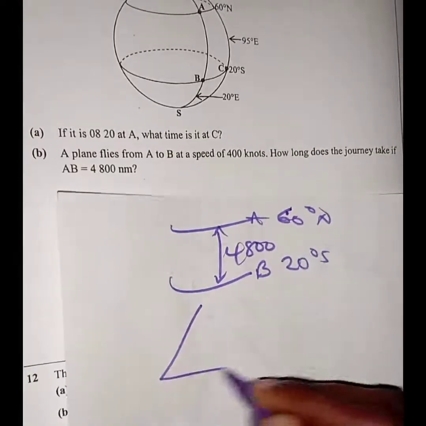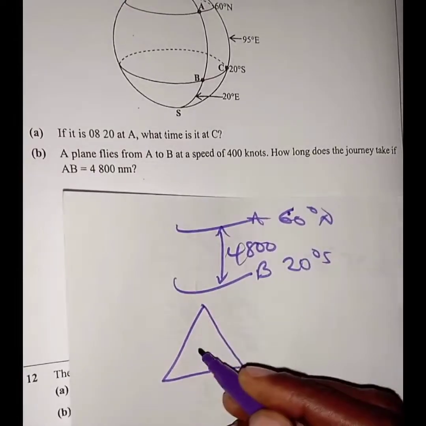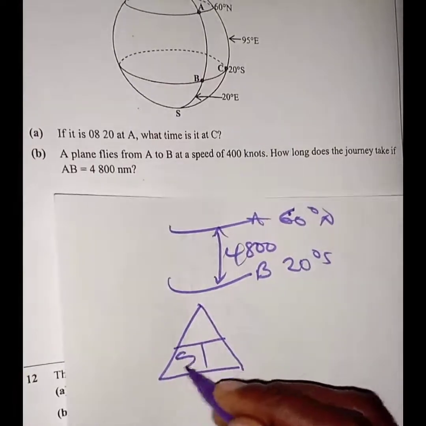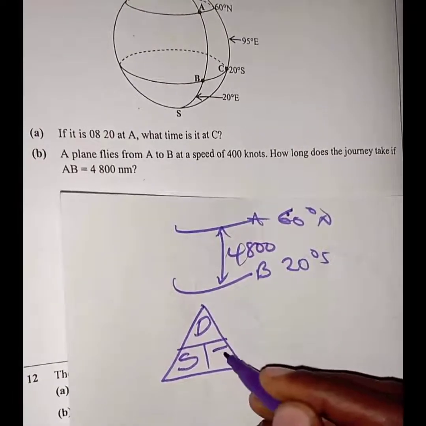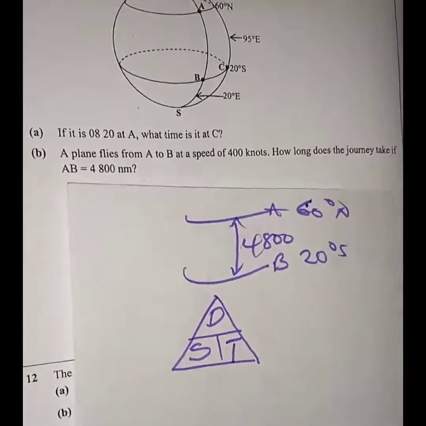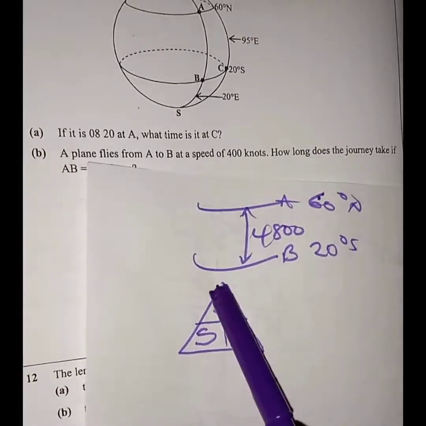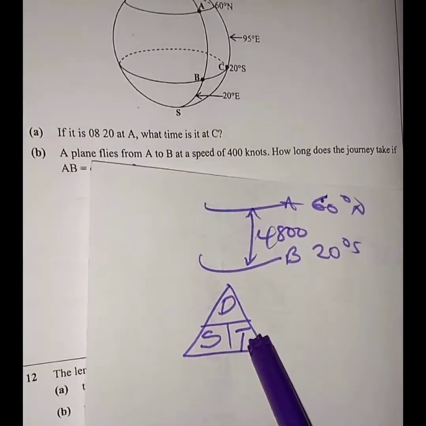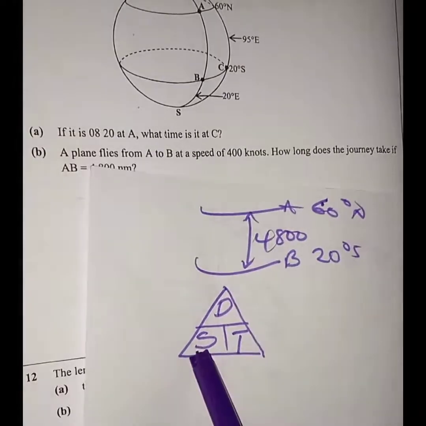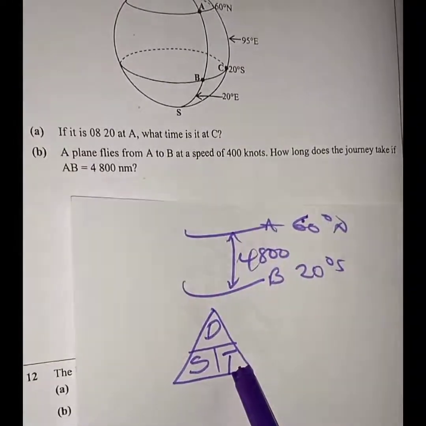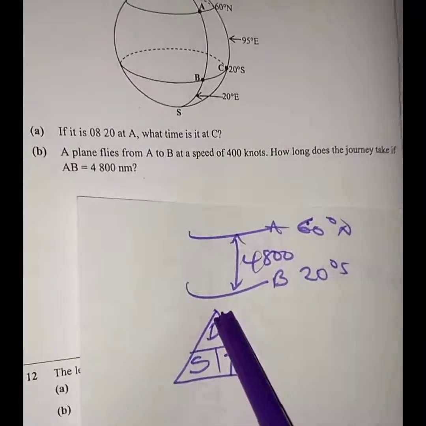You just have to know the formula for speed. Speed is equal to distance over time. If you want to find speed, you divide distance over time. If you want to find distance, you multiply speed times time. If you want to find time, you divide distance over speed.